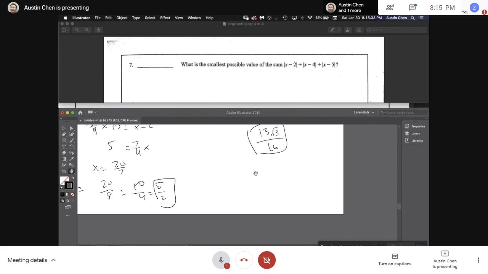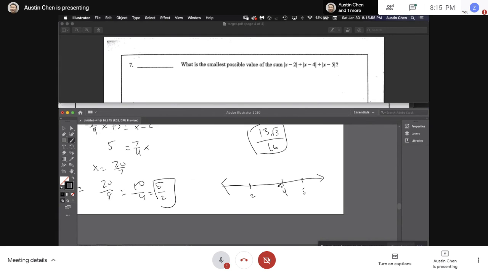You can think of this like distances on a number line. The absolute value of x minus 2 is the distance x is from 2, and same thing with the other numbers, 2, 4, and 5. And you want to minimize the sum of their distances.